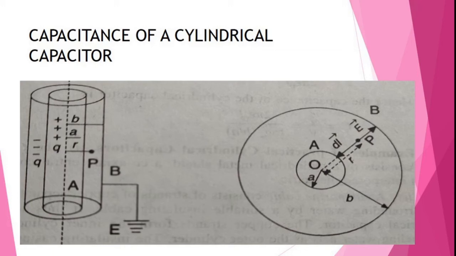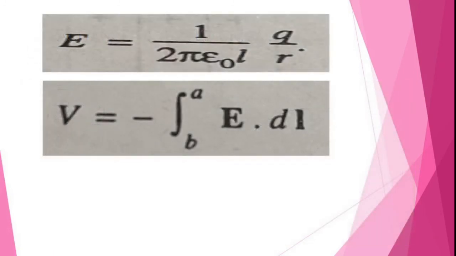So considering the point P at a distance R from the center O, what is the electric field? You have to study the expression for the electric field at a point in the space between the two cylinders at a distance r from the axis as 1 by 2 pi epsilon 0 L Q by R. So you have to learn this equation by heart.